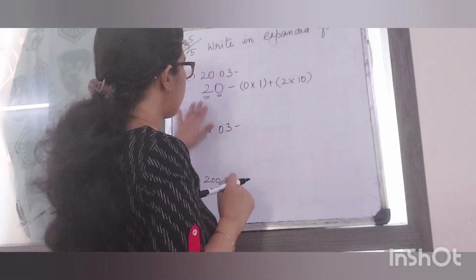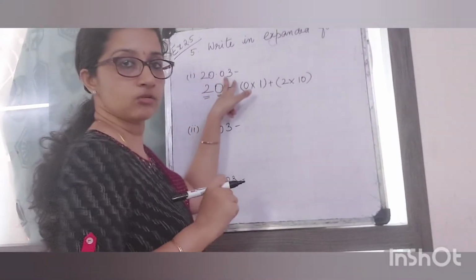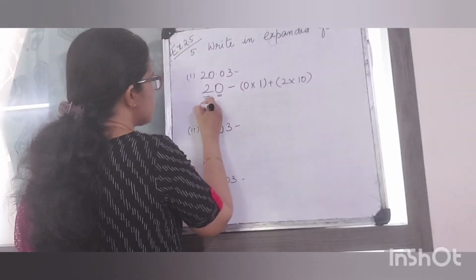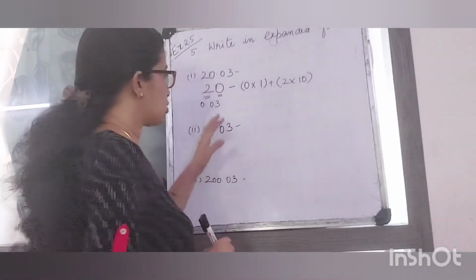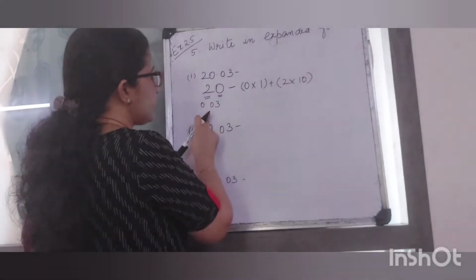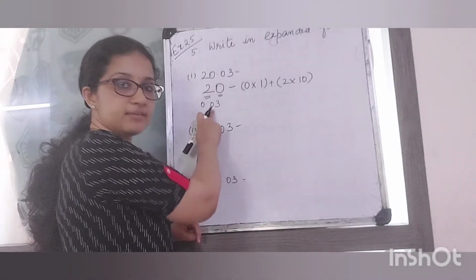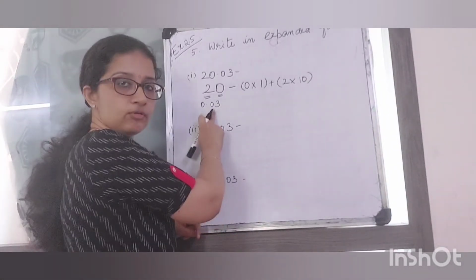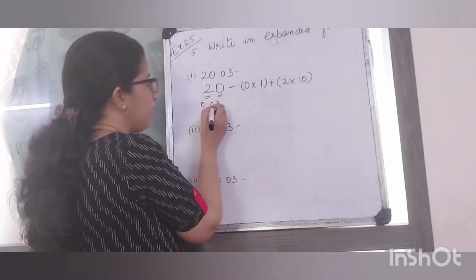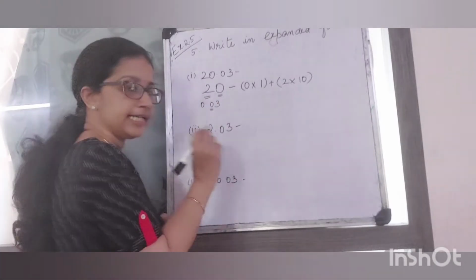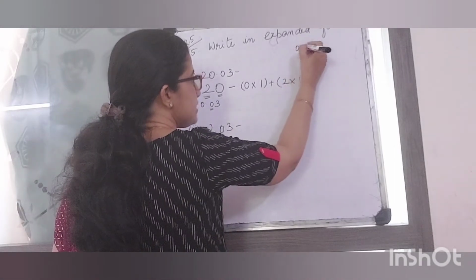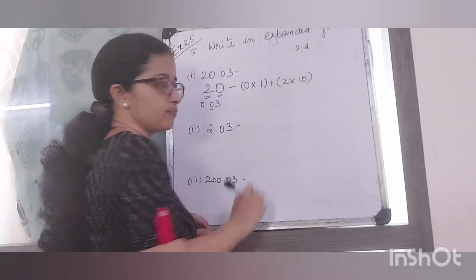Now we have to expand this decimal part also, which is 0.03. How do we expand this? Let's take the first digit after the decimal point, which is 0. We have to find what this place is. For that I'll tell you another example. Let's take 0.2.